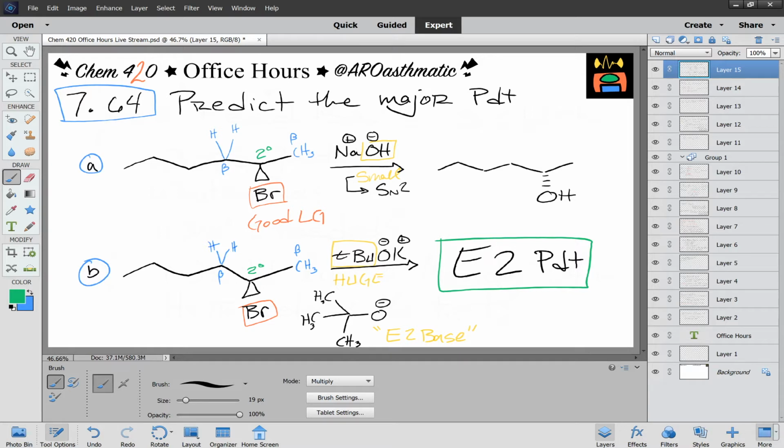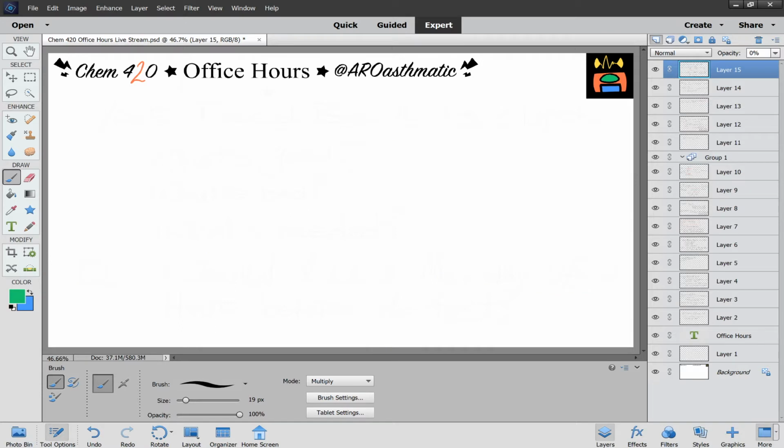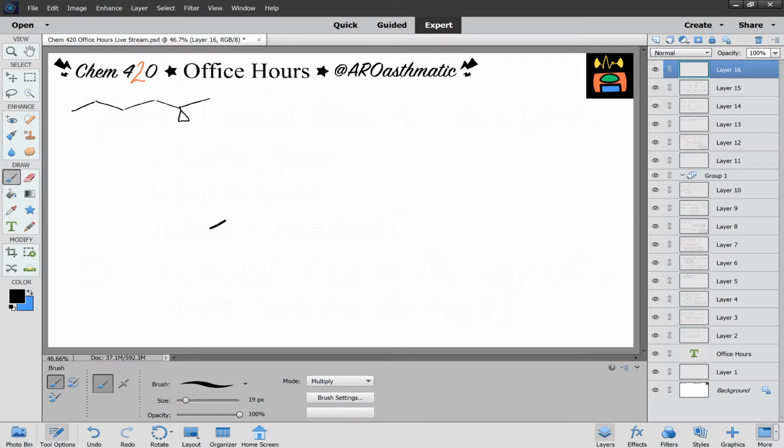I just want a little more room to explain, so I'm going to pop to the next slide right now. Let's take a look. Again, I'm redrawing our substrate and reaction conditions.